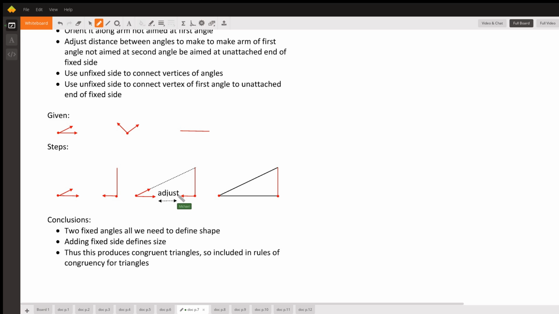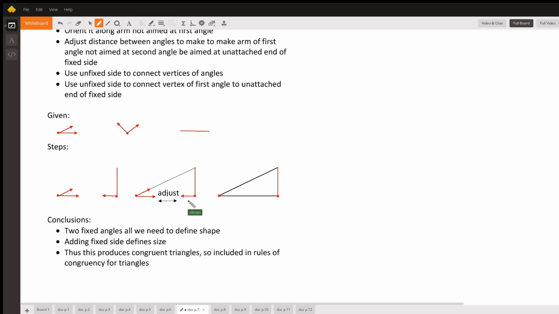And then you would adjust the distance between these until this is aimed at that. And then you would add unfixed sides in here, sides of unspecified length, to complete your triangle.